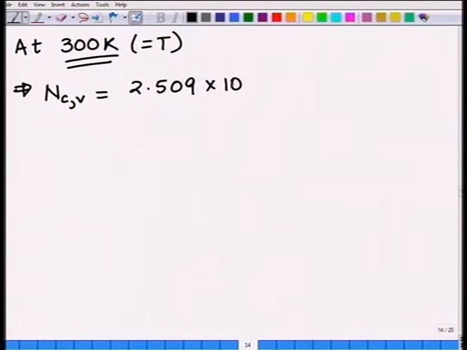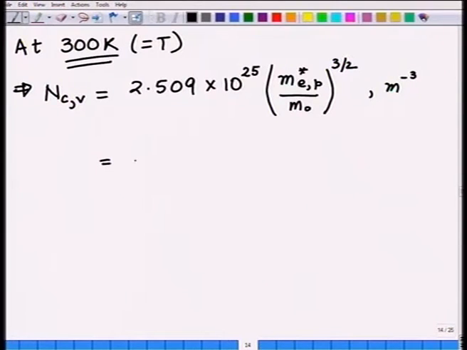2.509 into 10 to power 25 times (m_e or h star by m0) to power 3 by 2, and when you calculate this you will get the answer in per meter cube.